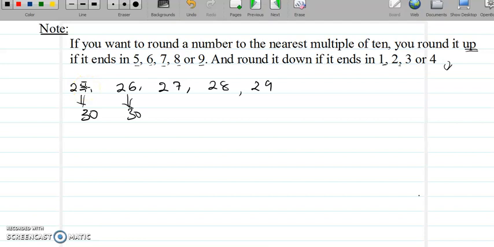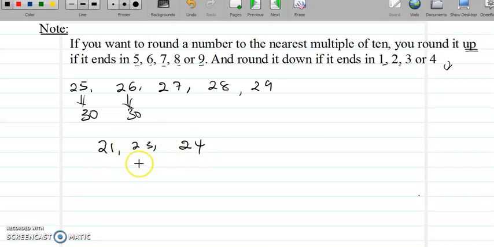But if it ends with a number less than 5, something like, we'll be asked to round this number to the nearest 10. Maybe I have 21, 22 or 23, 24, something like this.